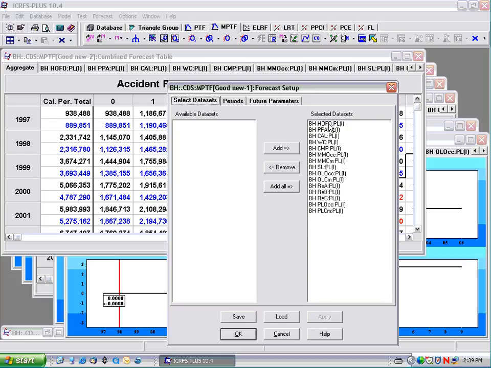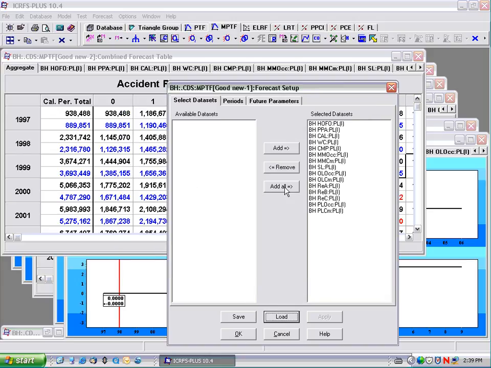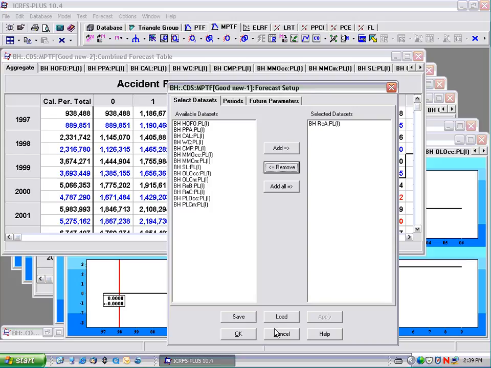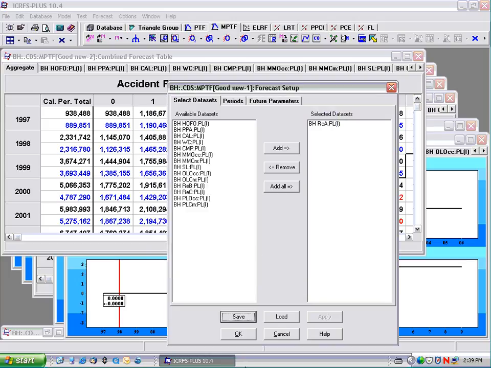So I'm going to load good new combined, but I'm going to use my shift key. I only want to keep OEA, so I'm going to remove the others. I'm going to save this as, say, good new combined OEA only. So we're only doing the forecast for OEA.